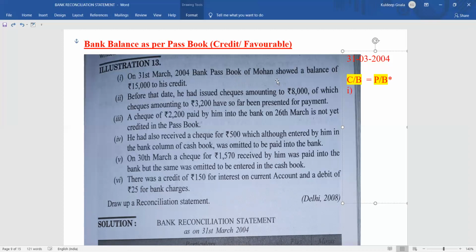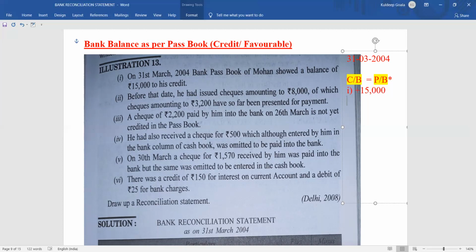The first point is saying that the bank passbook is showing a positive balance, that is a credit. Balance of 15,000 to his credit means it's a positive balance, that is favorable balance, so it will be a plus item. This is the base, so nothing to do here, no addition, no subtraction.